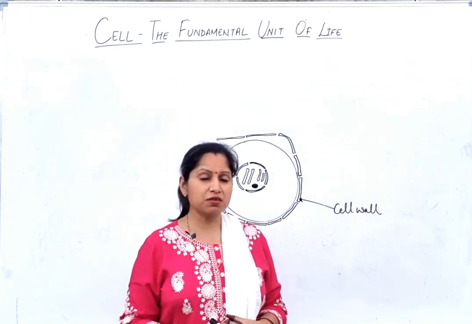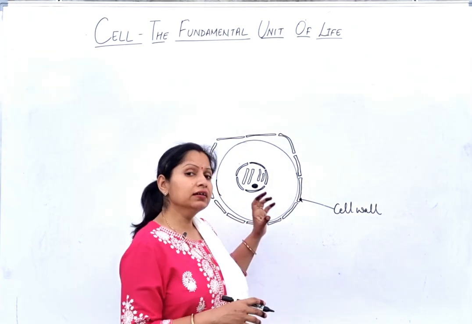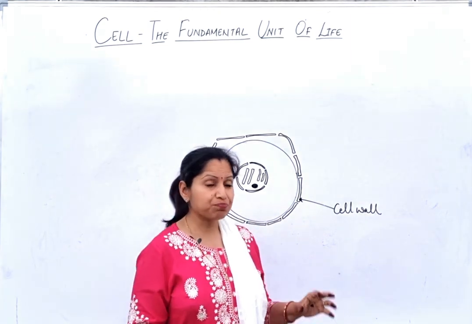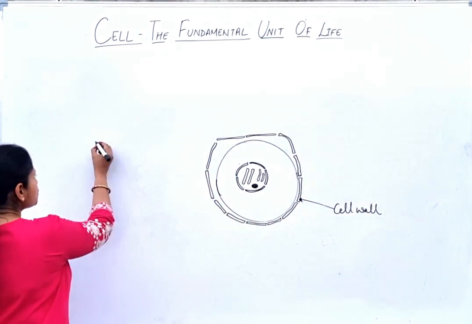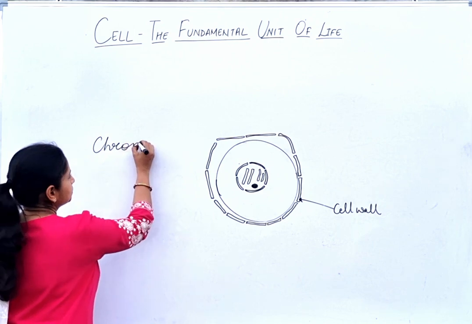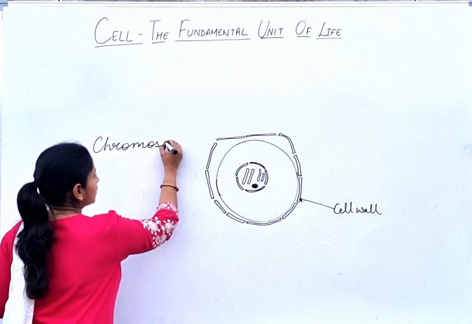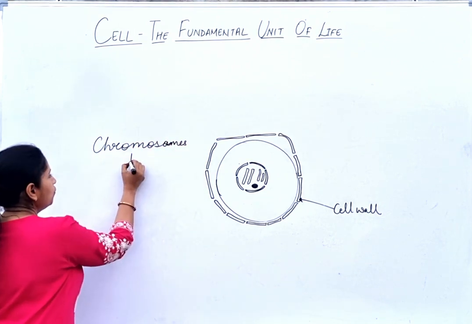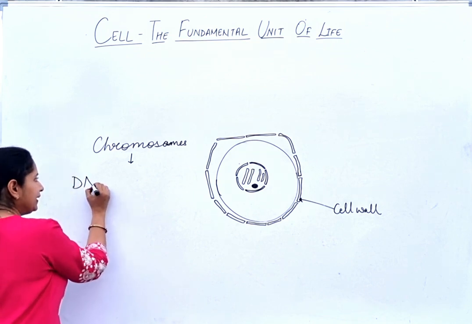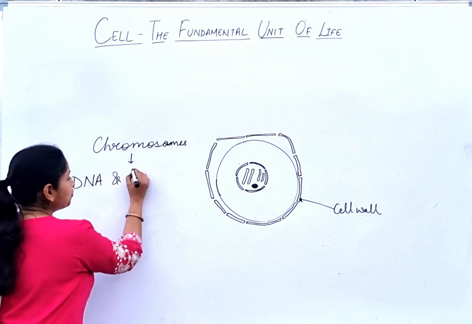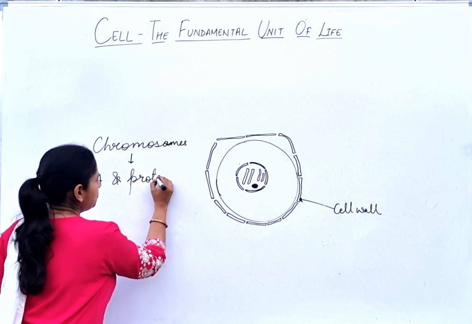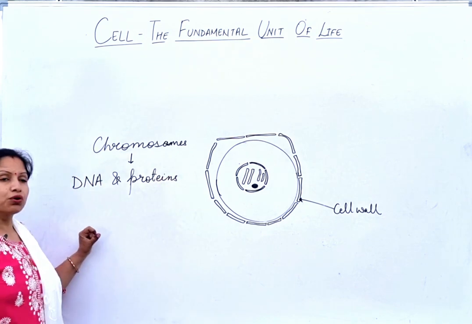So these chromosomes are present in the nucleus of a cell. Now these chromosomes are made up of DNA and proteins.